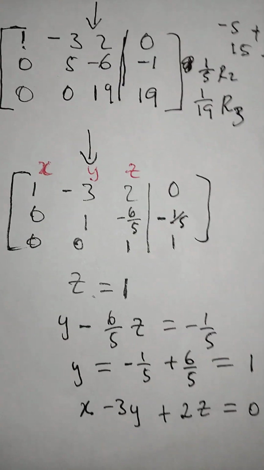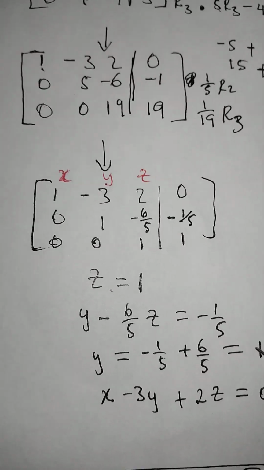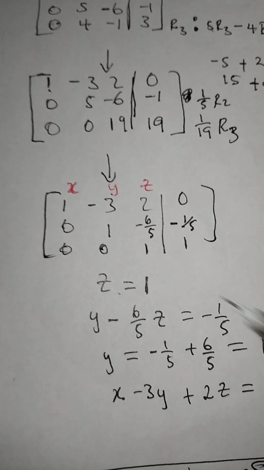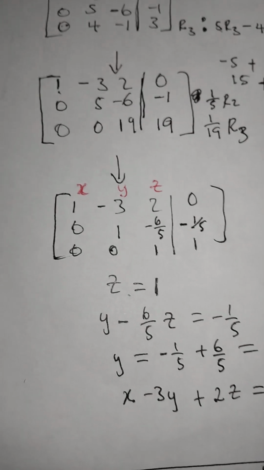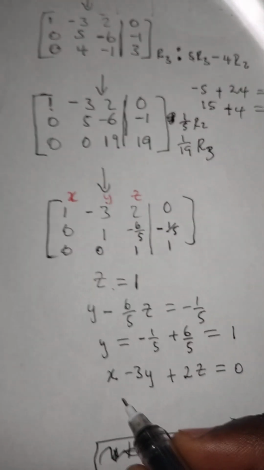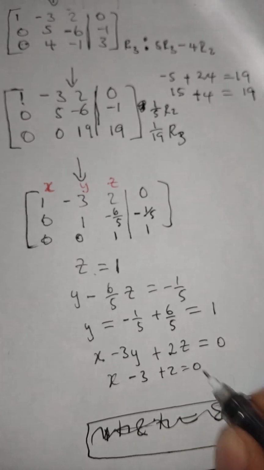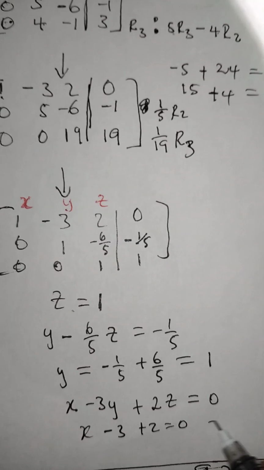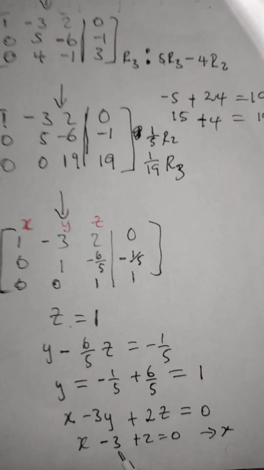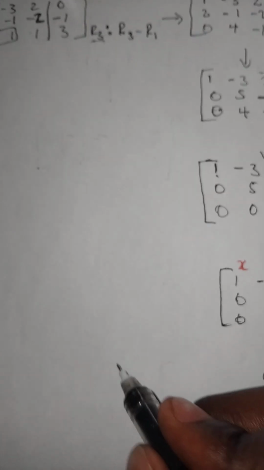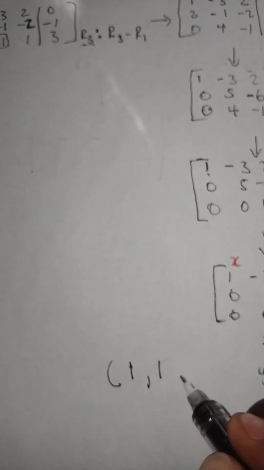We know z is 1 and y is 1. So x minus 3 plus 2 is equal to 0. This implies that x, because minus 3 plus 2 is minus 1, when we take it to the other side, x will be equal to 1. So the solution that we have is basically 1, 1, 1.